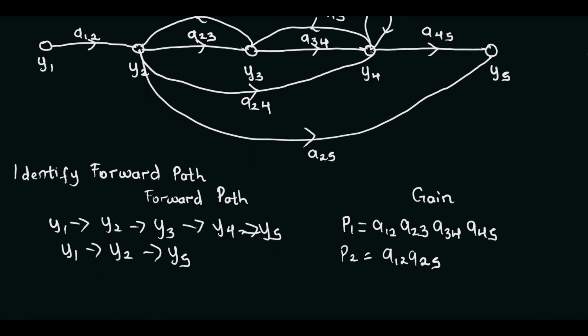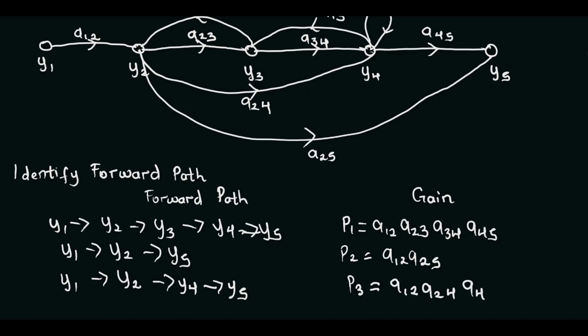Then your third path will be Y1, Y2, Y4, and Y5. And your gain will be A12, A24, A45.